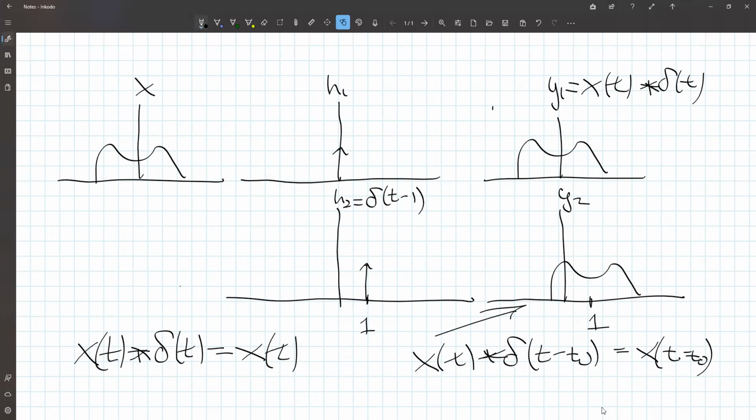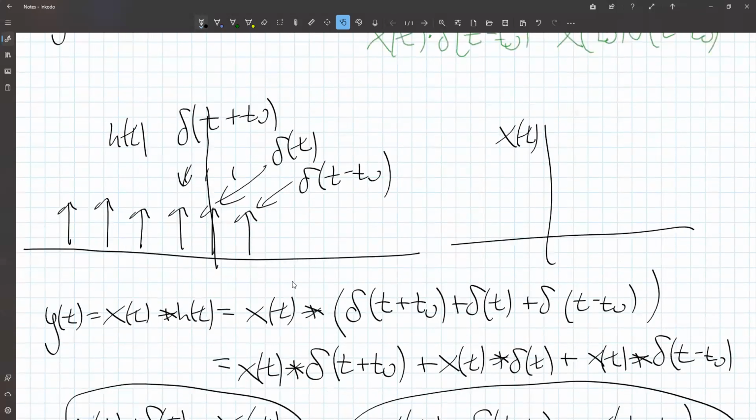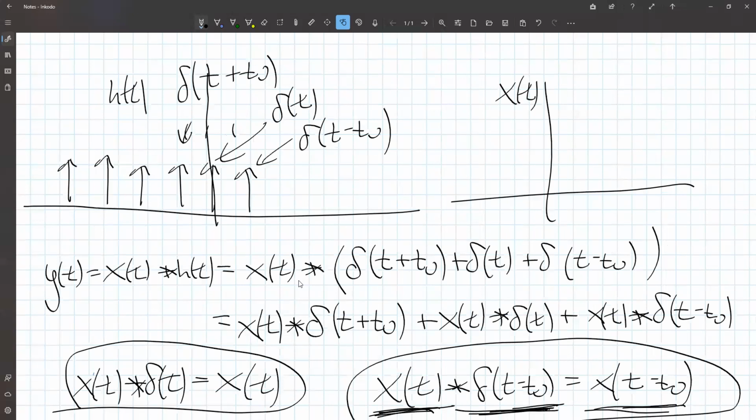I know it still might be a little foreign of a concept, but when you see this, just think it's replicating my signal. And if you see this, well, it's replicating my signal, but it's shifting it. And remember, we can break apart any infinite impulse train, so h of t is that infinite impulse train, into just a bunch of delta functions.